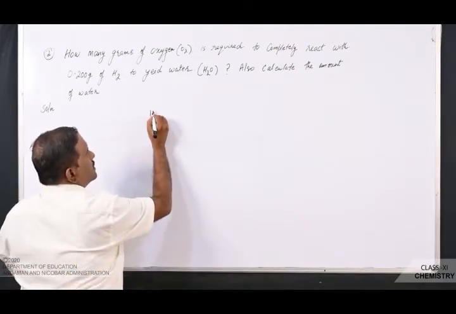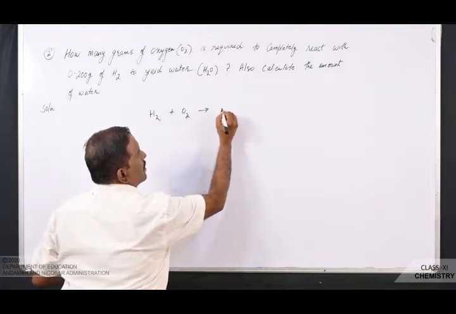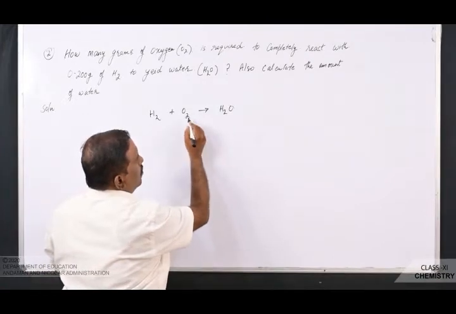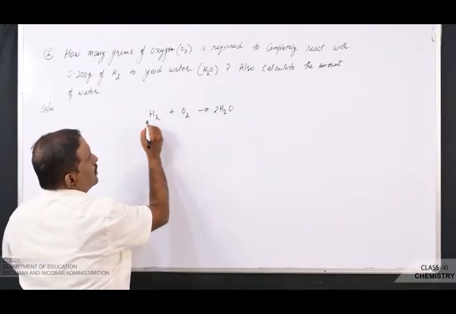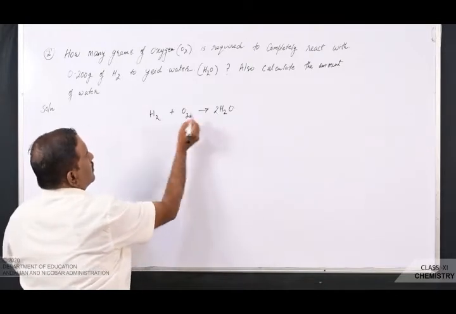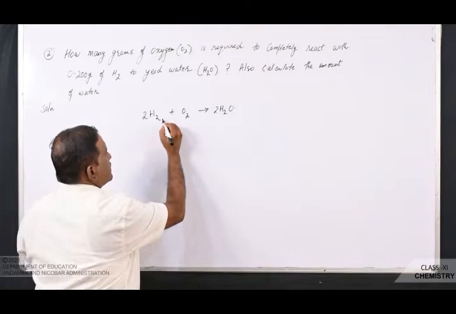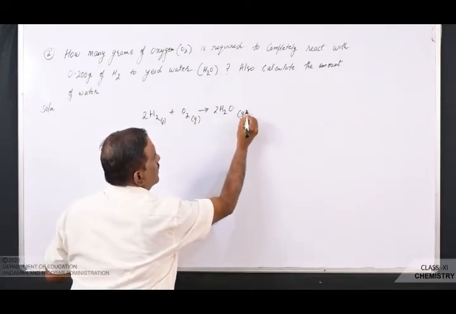So hydrogen plus oxygen gives H2O. Let me first balance this one. O is 2, so twice of this. So here 4 hydrogen, so we write twice of H2. This is a gas, again this is a gas, and this is also a gas.